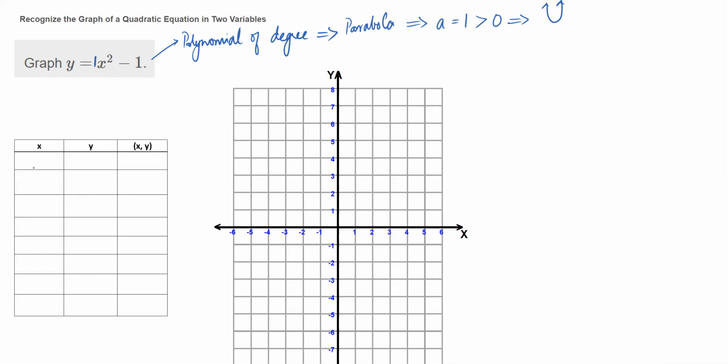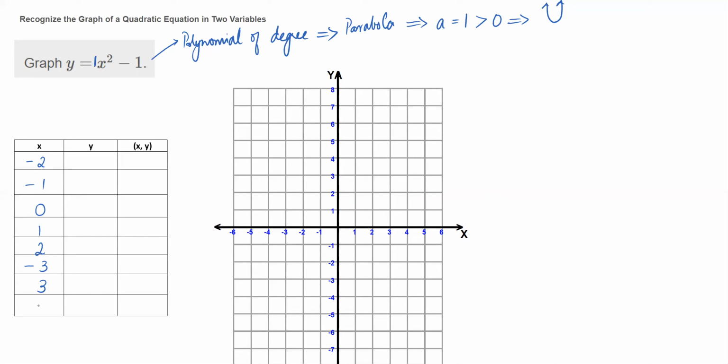For our working here, let's make it -2, -1, 0, 1, 2. If you want more points, you could make it -3 and 3, bringing it from the negative and from the positive so that we keep the spread better.